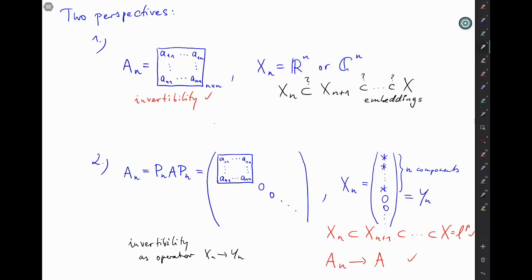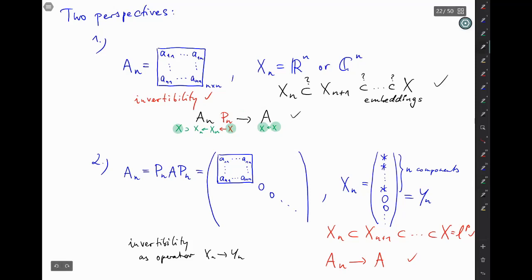And similarly, if you want to talk about strong convergence here, then at first glance you run into trouble, because A goes from x to x and An goes from xn to xn, which doesn't match. So what you have to do here is squeeze a little Pn in between, which is bringing you down from x to xn, and from there An is taking you again into xn, but that's just part of x. So now, just like here, you can also understand this as an operator from x to x, and that resolves the problem.